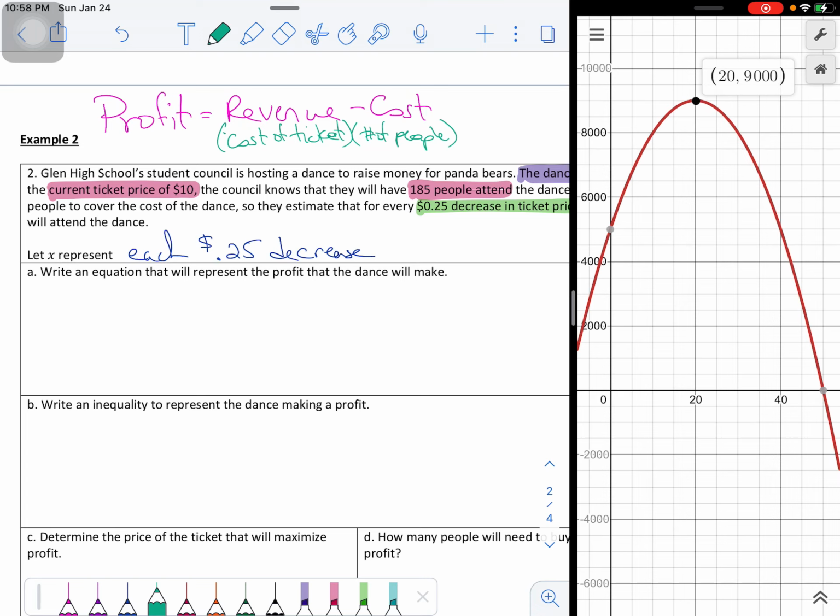So if we talk about writing an equation, let's call this P of X, right, profit. The revenue here, well, we're going to talk about the original cost of the ticket is $10. The original amount of people showing up was 185.